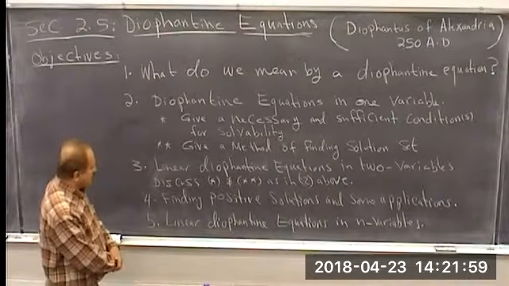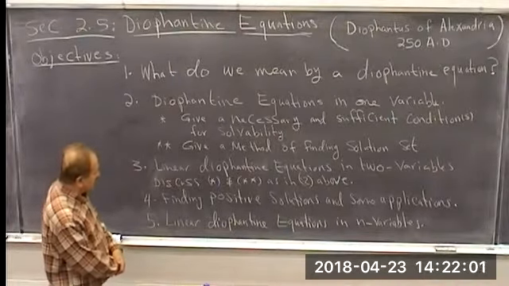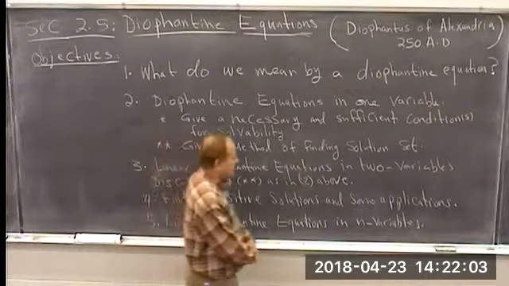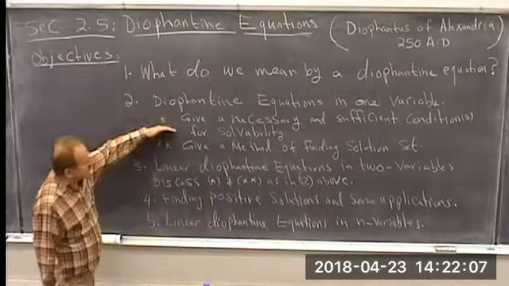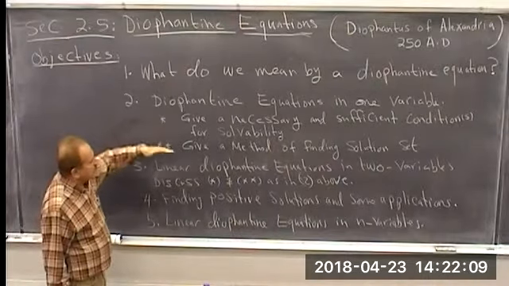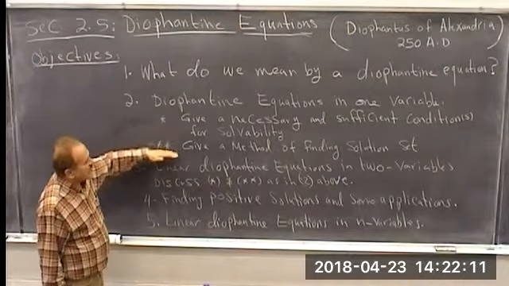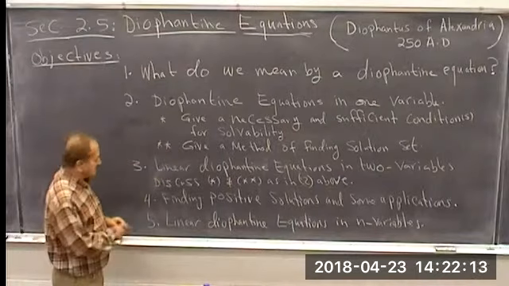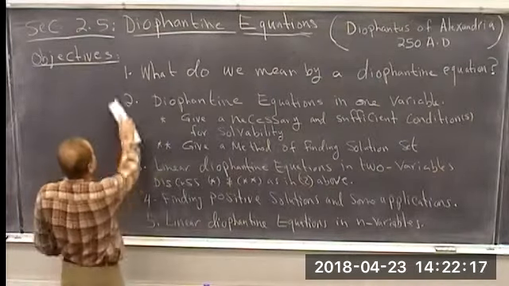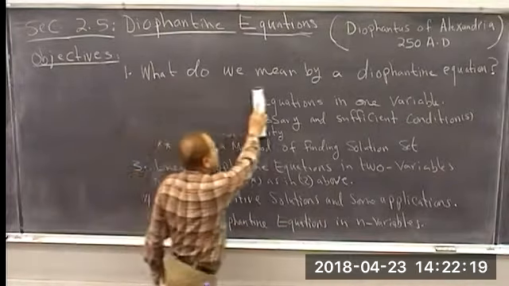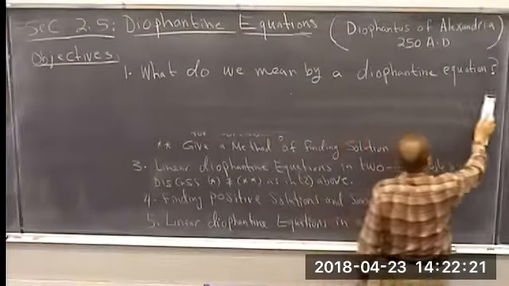Then we're going to end by looking at linear Diophantine equations in n variables. And again, we would like to give necessary and sufficient conditions for their solutions and give a method of finding the solution set.